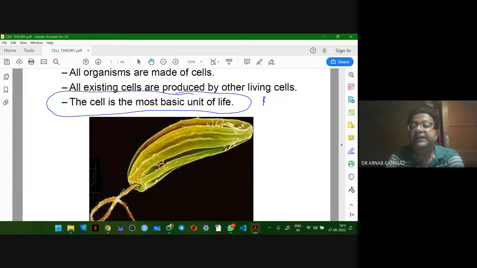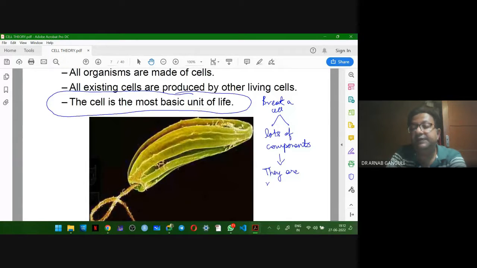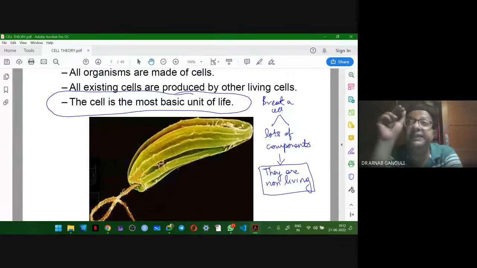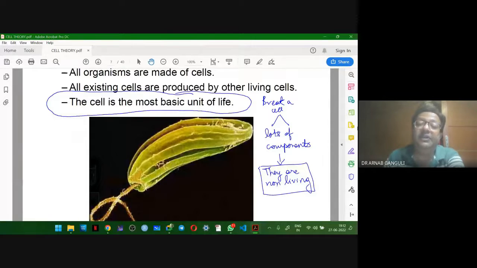If you break a cell, you find lots of components, but these components are non-living. When you take the cell together, it is the basic unit of life.